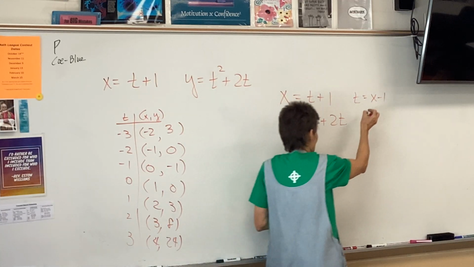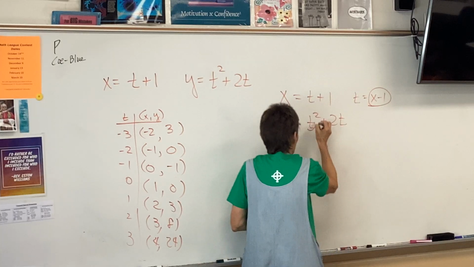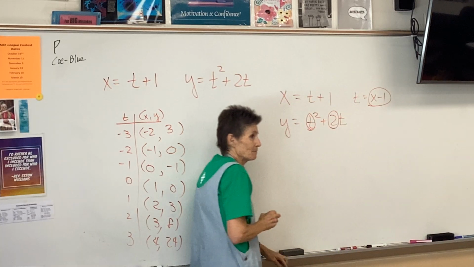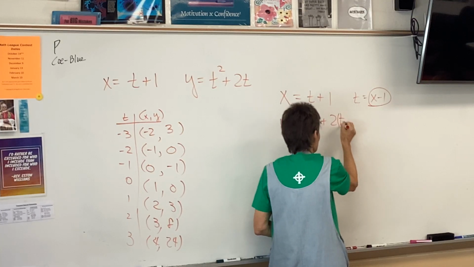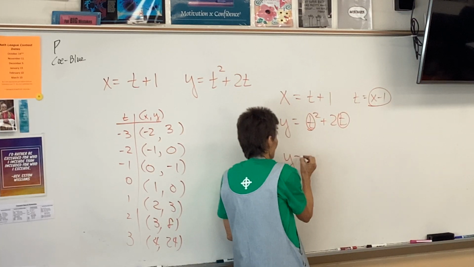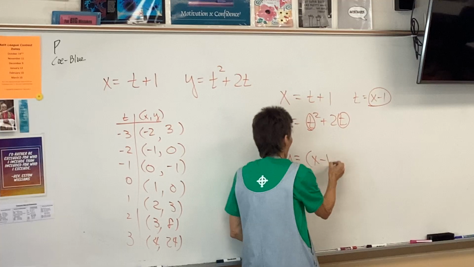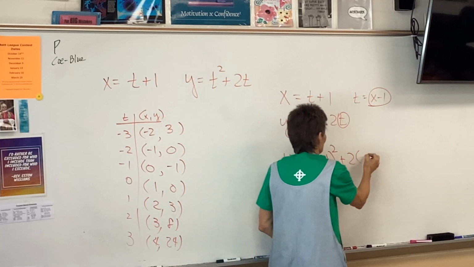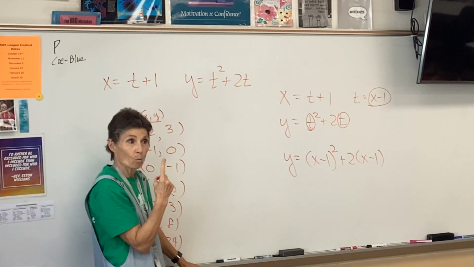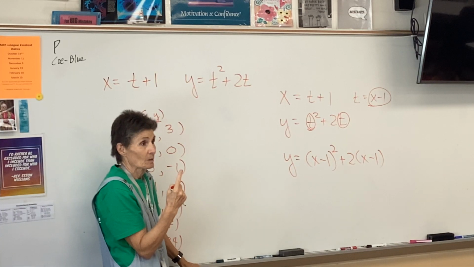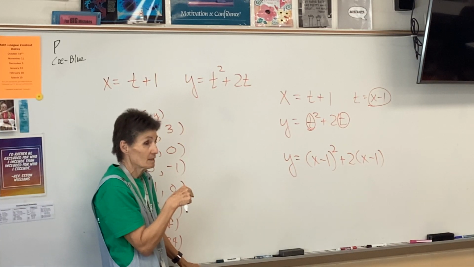So could I take that and plug it into here? Yes. If I plug it in there, the t's are going to be gone. And all that's going to be left is one equation with x's and y's.